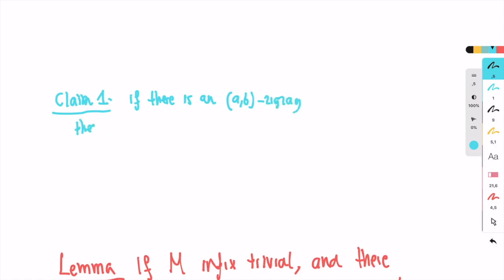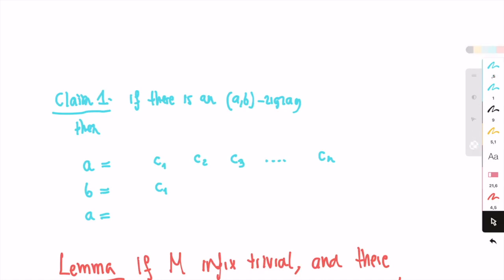Then you can find decompositions as follows: A, B, A again. For A, I just take the first word of the zigzag, C1, C2, C3, up to Cn. And this will be copied in C. Well, I can copy actually using my super tool.